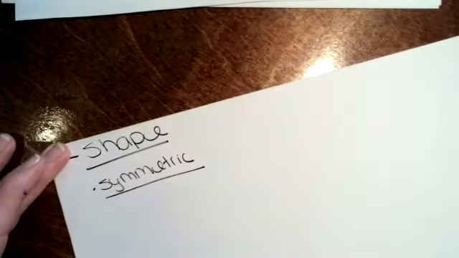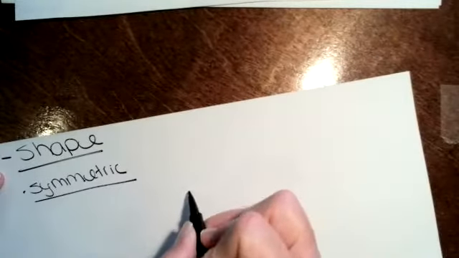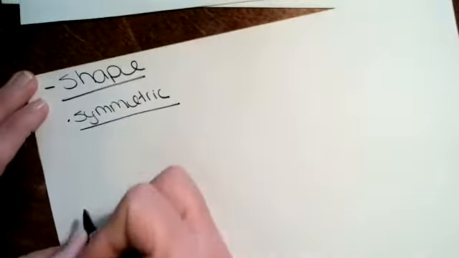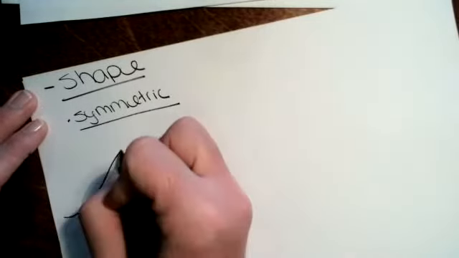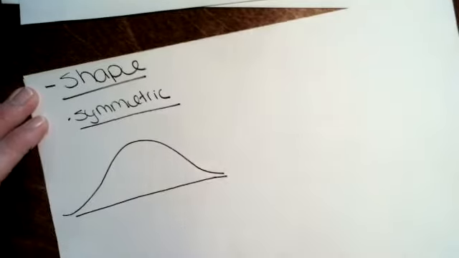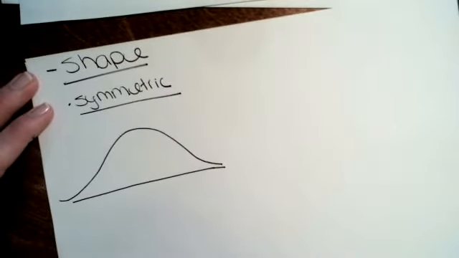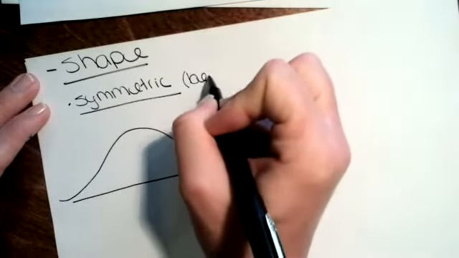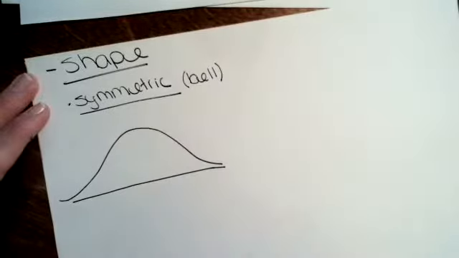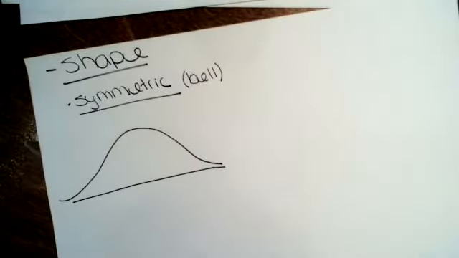For a symmetric shape, I'm going to draw it as a curve instead of just the bars for the histogram. So this is a symmetric shape, and it is also called bell-shaped, which is fine.